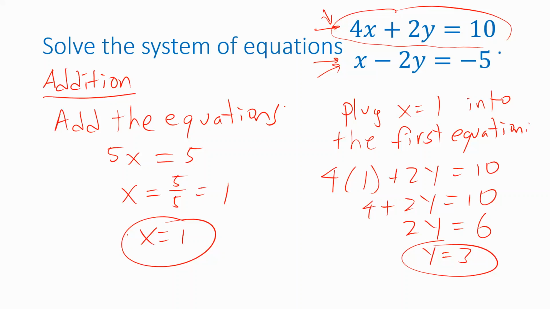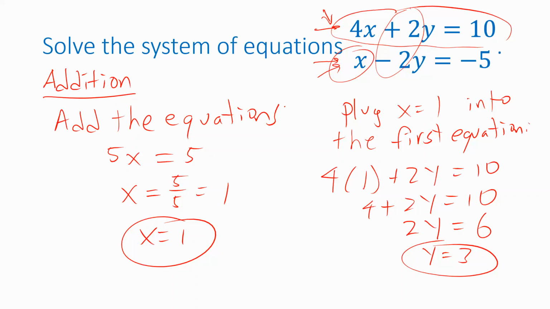Why would you use one rather than the other? Well, there are things you can look for. You might notice in this problem, because the x had a coefficient of 1, substitution was a pretty easy approach to use. But also, the addition method was pretty easy to use because these coefficients matched up. All we had to do was add the two equations together to get them to cancel.